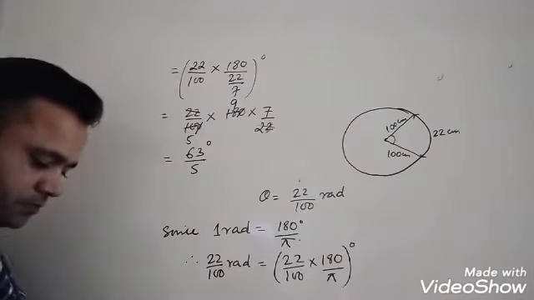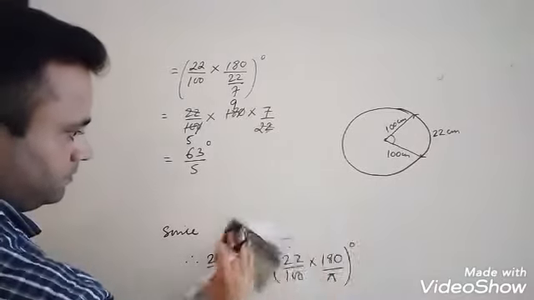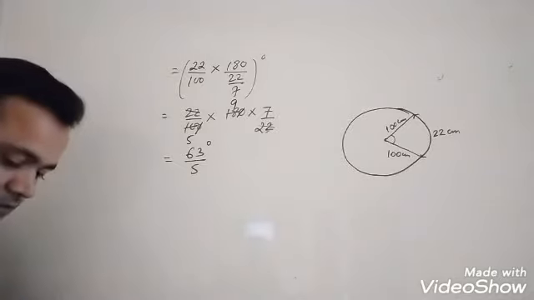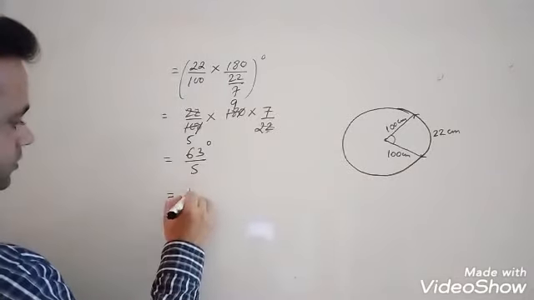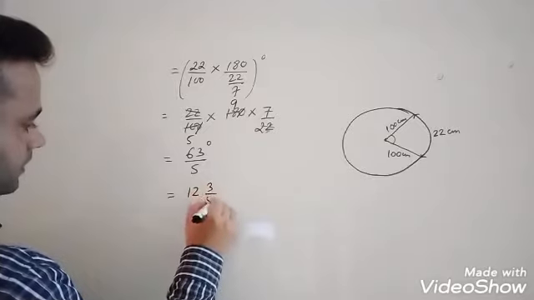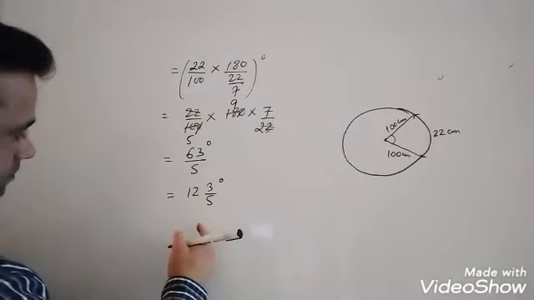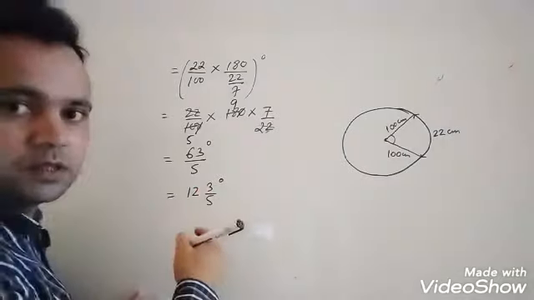Now divide 63 by 5. So this equals 12 3 by 5 degree, since 5 twelves are 60 and the remainder is 3.